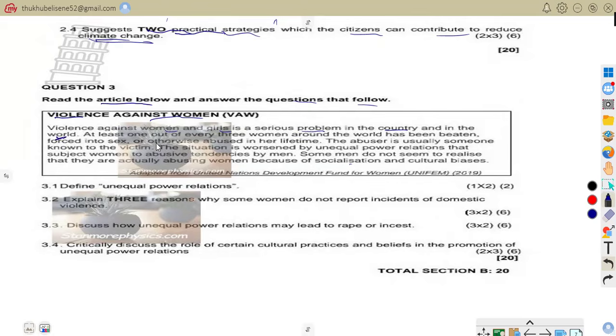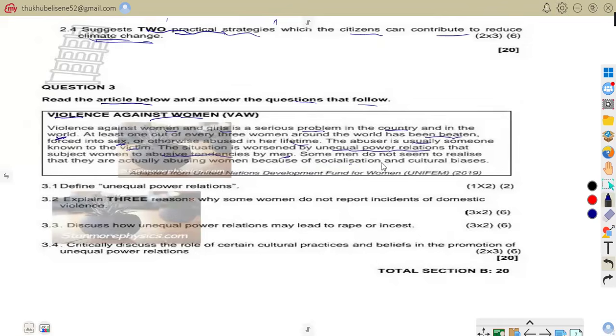At least one out of every three women around the world has been beaten, forced into sex or otherwise abused in their lifetime. The abuser is usually someone known to the victim. The situation is worsened by unequal power relations that subject women to abusive tendencies by men.